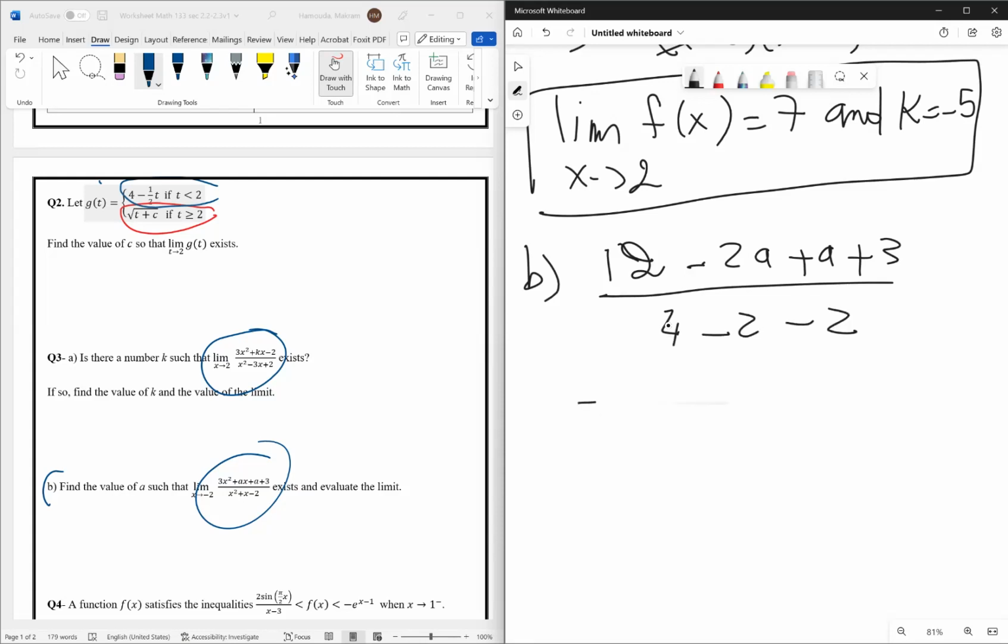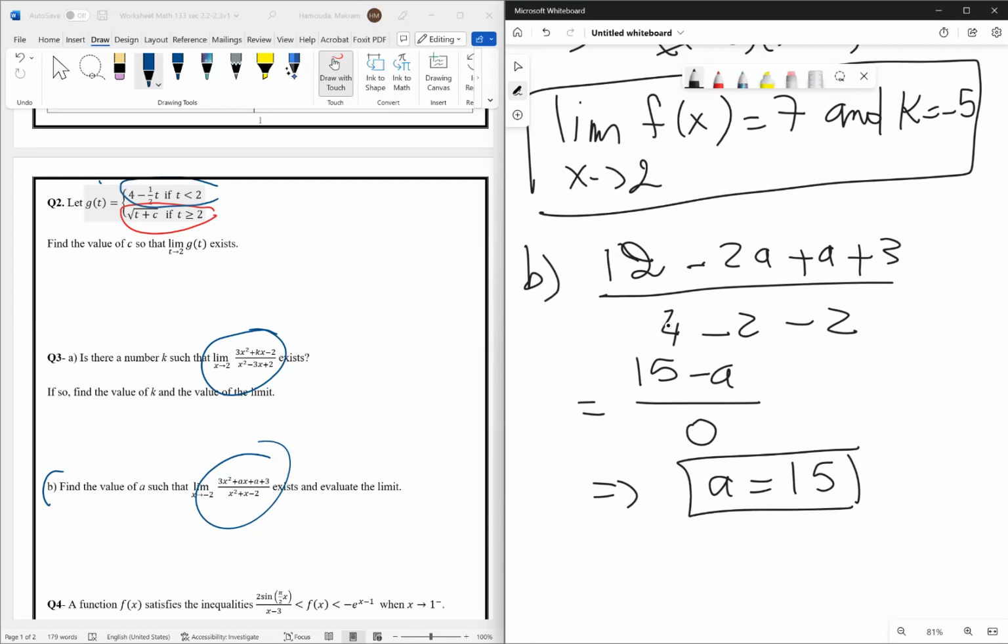So clearly in the denominator it's 0. In the numerator, it's 15 minus a. So I must have a equal to 15, as usual, to make a hope for the limit to exist.